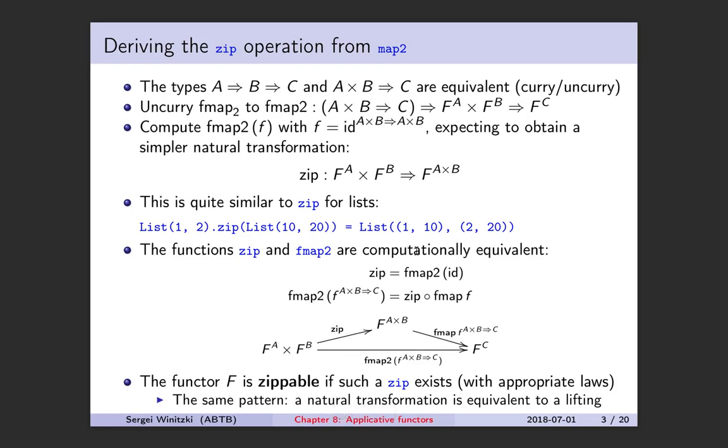Similarly here, you would need to show that if you take a zip, say, and you define Fmap2 through it, and then you use that Fmap2 to define a new zip, then that new zip will be exactly the same as the old zip that you started with. And you have to also show that if you start from Fmap2 and go in the other direction, Fmap2, define zip, define the new Fmap2, and show it's equal to the old Fmap2.